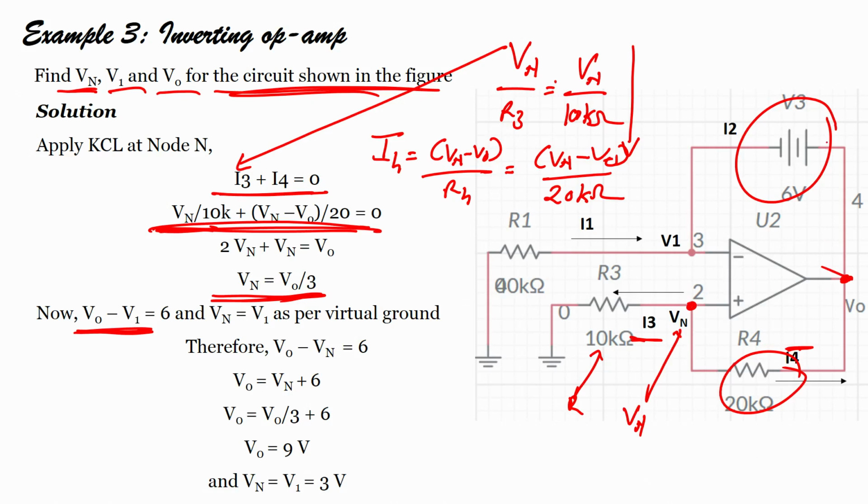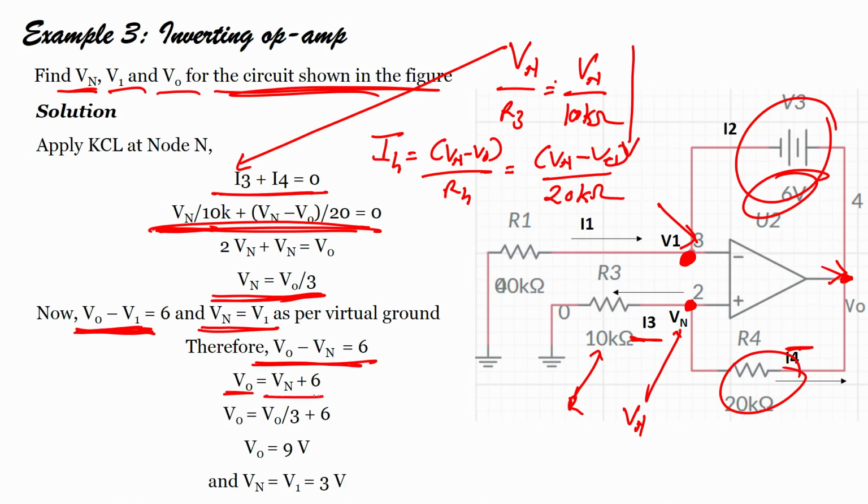Vo, this voltage, minus this voltage is nothing but 6 volts. And Vn should be equal to V1 by the concept of virtual ground. So, therefore, Vo minus Vn equals 6.